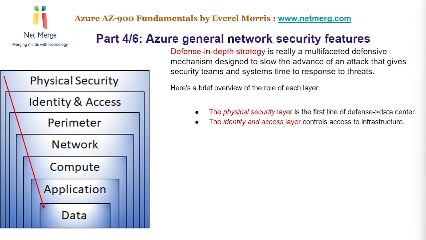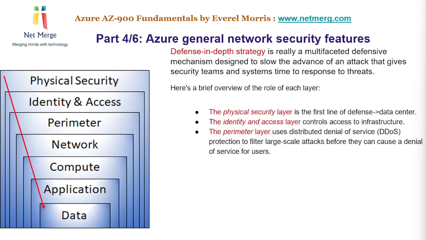Next, we want to look at the perimeter, and the perimeter layer uses distributed denial of service, DDoS, protection to filter large scale attacks before they can cause denial of service to a particular user. So DDoS is another layer within the process as well.